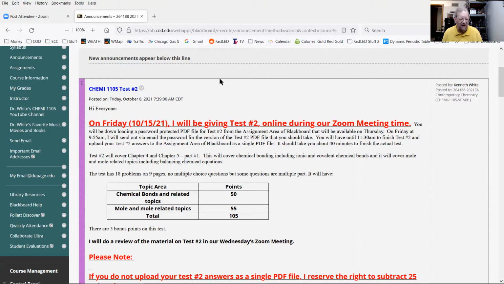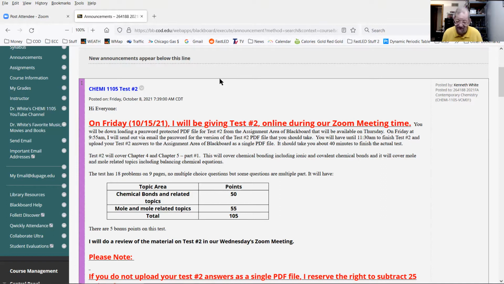All right, important things. Test number 2 will cover chapter 4 and chapter 5, part 1. This will cover chemical bonding, including ionic and covalent bonds, and it will cover mole and mole-related topics, including balanced chemical equations. The test has 18 problems on 9 pages.